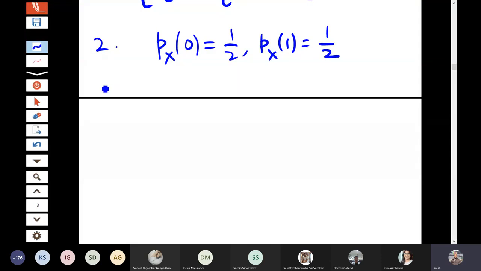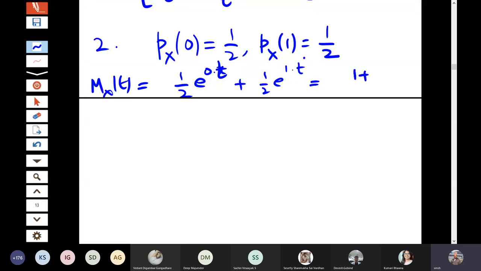So here what will be M_x(t)? That becomes half e to the power 0 into t, plus half e to the power 1 into t. So that is simply (1 plus e to the power t) by 2.